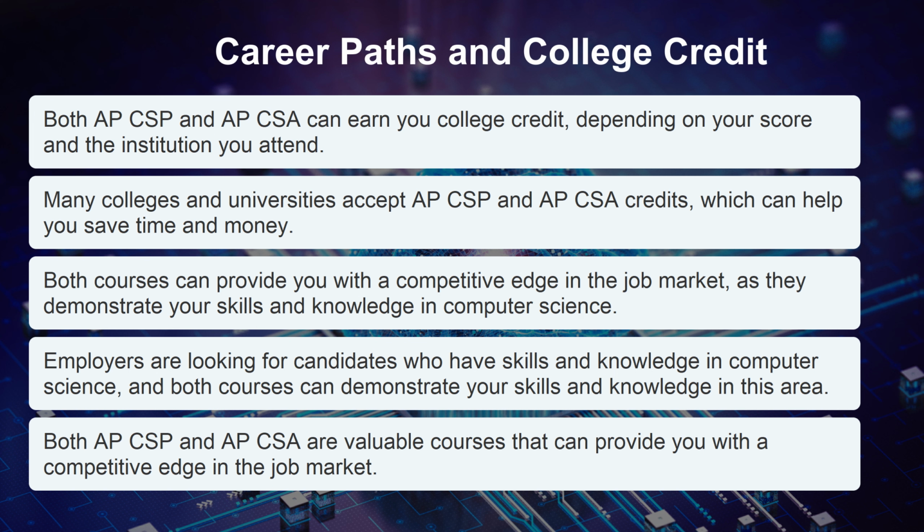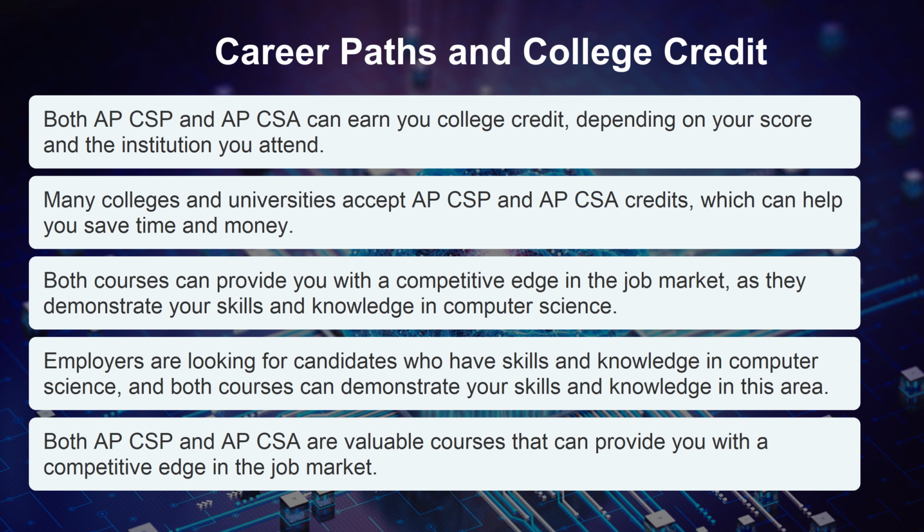On the other hand, if you have prior programming experience and want to dive deeper into computer science, AP CSA might be the better choice. AP CSA provides a more in-depth look at computer science concepts, and it's a great way to develop your programming skills. The course is designed to provide students with a comprehensive understanding of Java programming, and it's a great way to prepare for a career in software development.